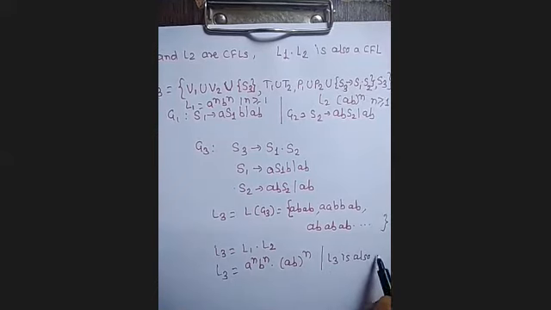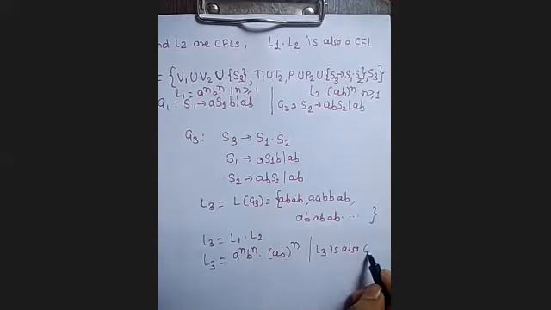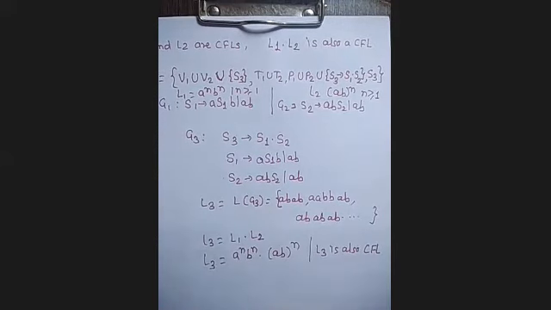We can write a context-free grammar for it. So L3 is a CFL. Okay. So the second theorem we proved: if L1 and L2 are CFLs, then their concatenation is also a CFL. In other words, CFLs are closed under concatenation.